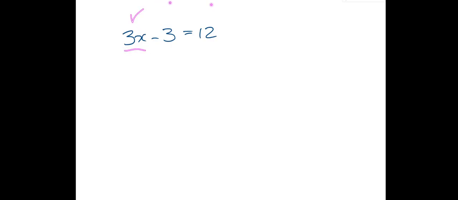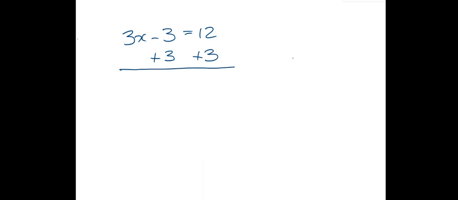3x, however, there is an x, so we want to keep that there, and we want to get rid of this negative 3. We don't really want to get rid of it, we want to take it over the equal sign. So the opposite of subtracting 3 is adding 3. And whatever we do to one side, we always have to do to the other side.